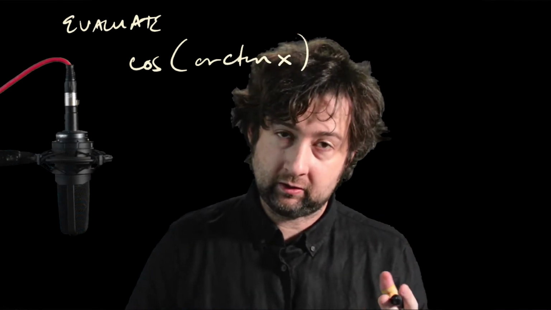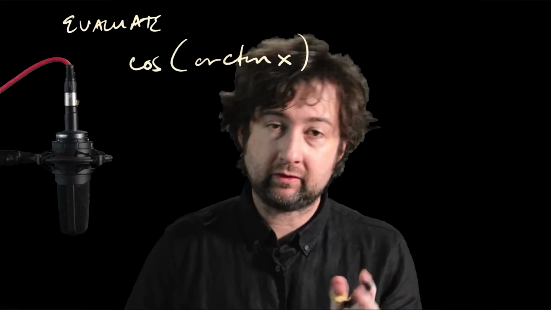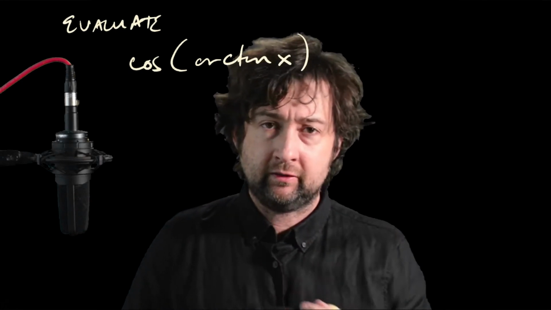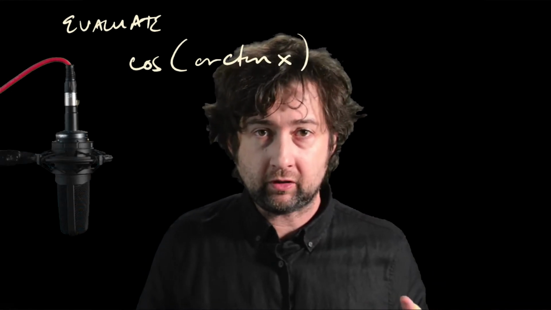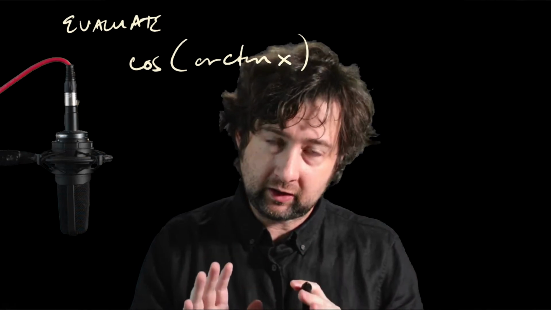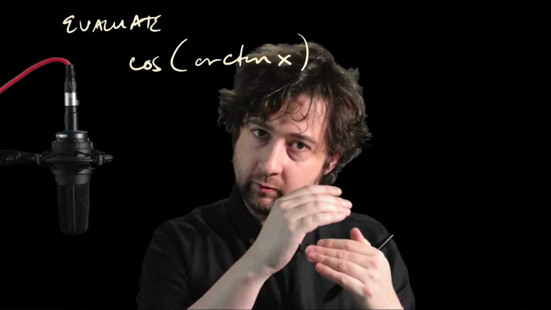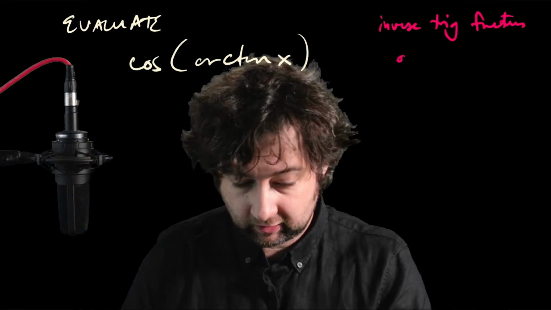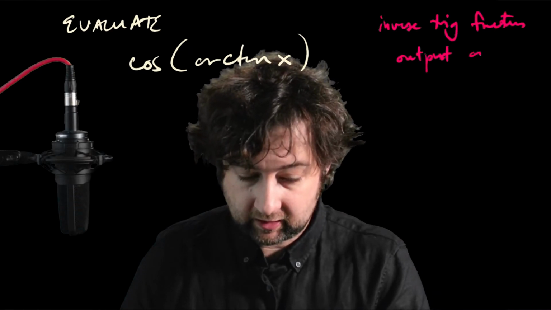Very common in this section of calculus texts to have to evaluate expressions that look like this. Now, this might seem like an expression that is as deep as you can go, unless you remember that what the arctangent does is it looks at a ratio of x and y coordinates and it spits out an angle. So the theme I want you to remember about these is that inverse trig functions output angles.